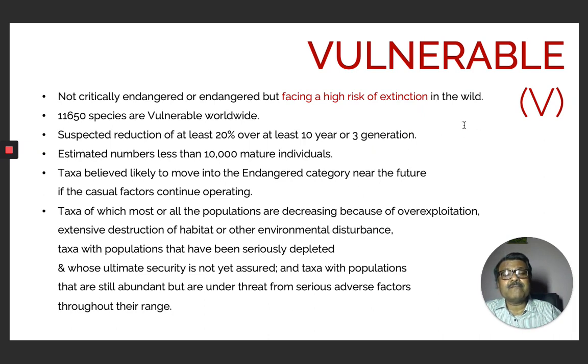Population are still abundant but are under threat from serious adverse factors throughout the range. So in this way we have seen that species which are vulnerable may shift into the category of endangered and critically endangered due to various reasons operating, like I told you, overexploitation, extensive destruction, environmental disturbance, and so on.